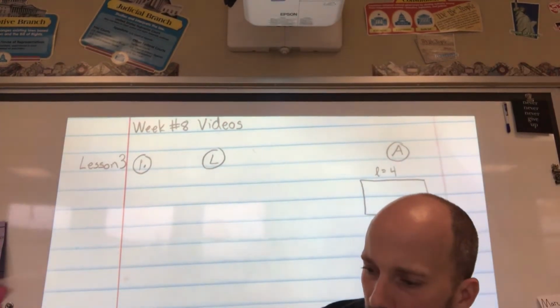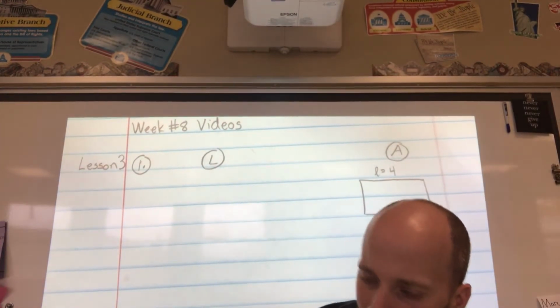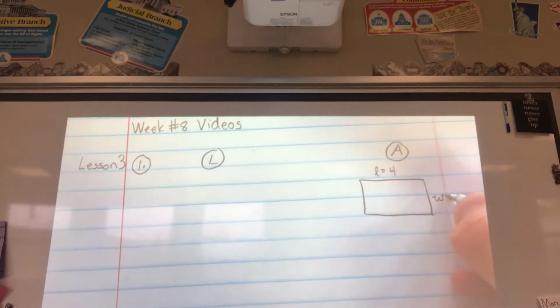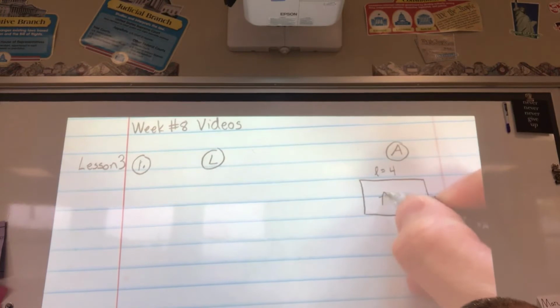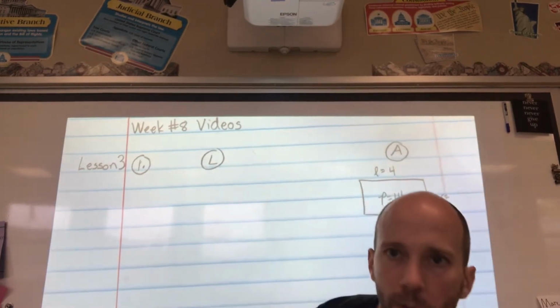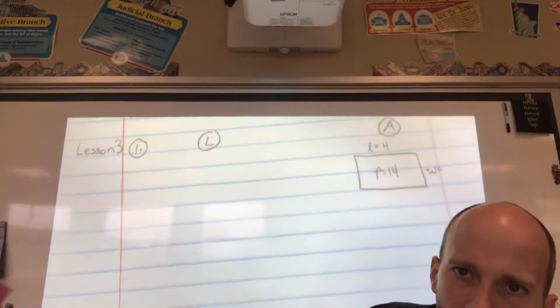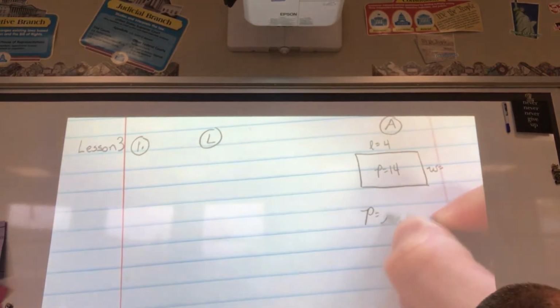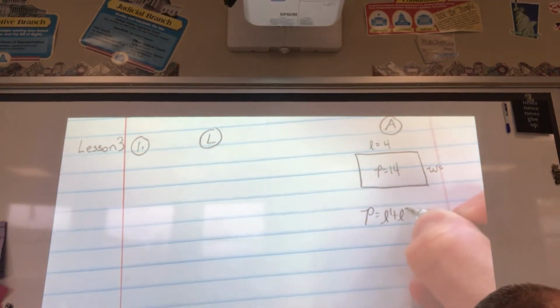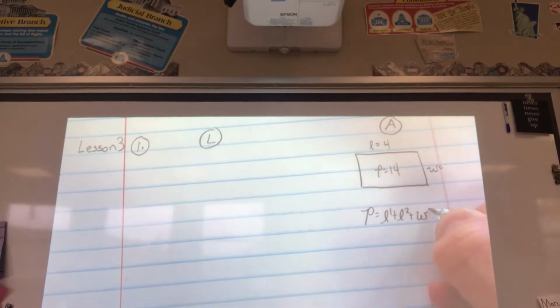My length is 4, and then it says my width, we don't know. We've got to find that out first. But I do know my perimeter. My perimeter equals 14. So I'm going to fill in my things that are known. So perimeter equals length 1. Yes, you have to write the formula down. Plus width 2.